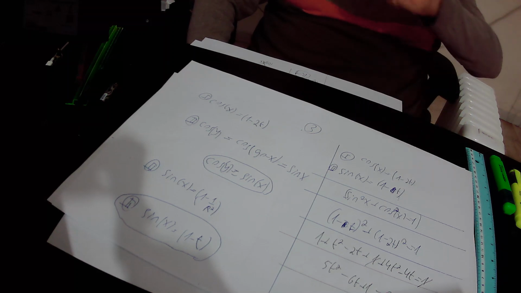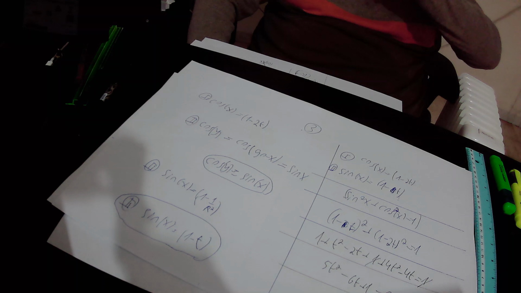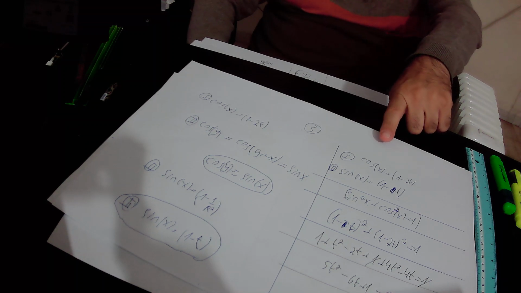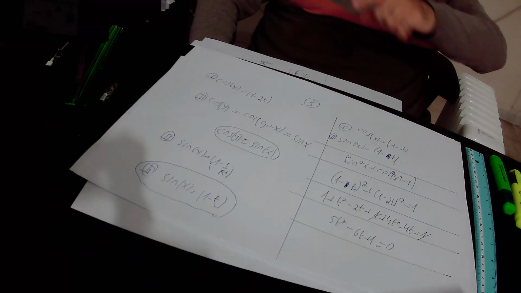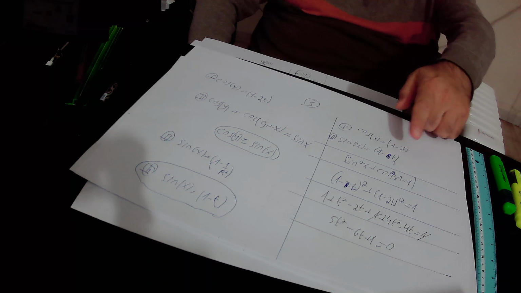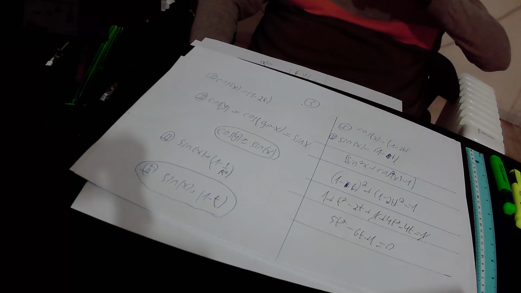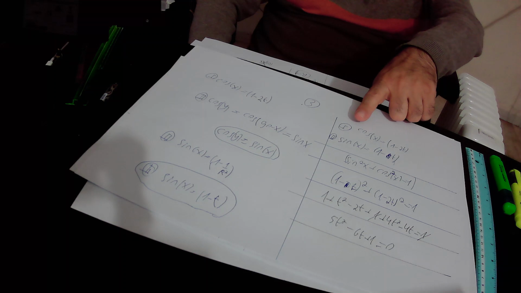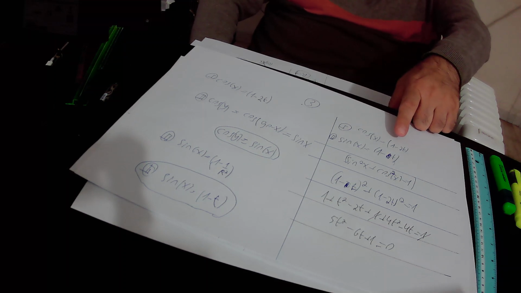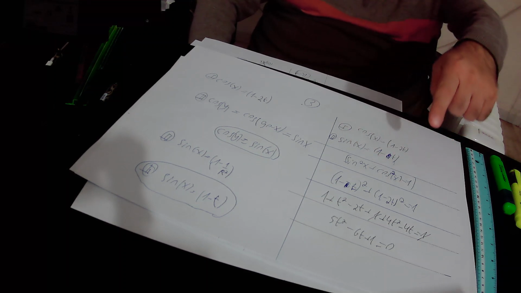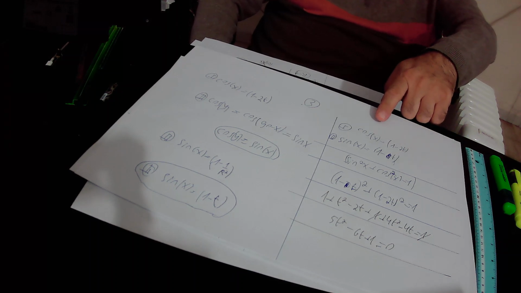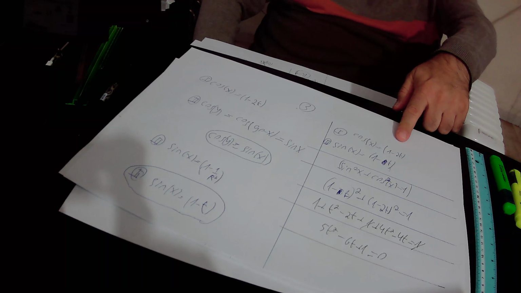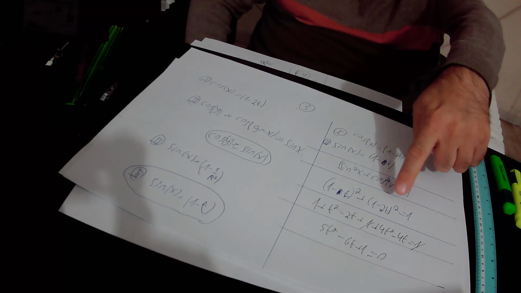So we have two expressions, the expression for cosine x and the expression for sine x. In the next step, we use the trigonometric identity that sine squared x plus cosine squared x equals 1. So sine x equals 1 minus t, therefore sine squared x equals 1 minus t squared, plus cosine squared x. Cosine x equals 1 minus 2t, therefore cosine squared x equals 1 minus 2t squared.